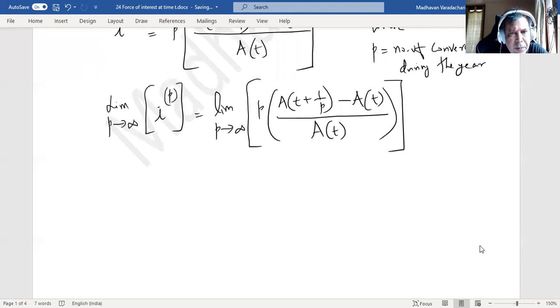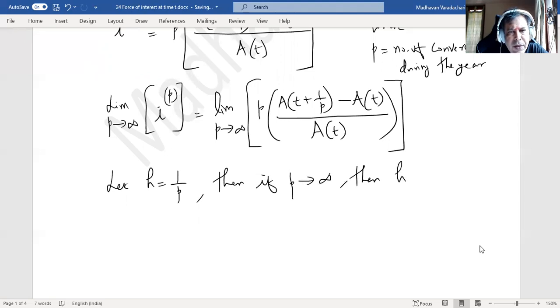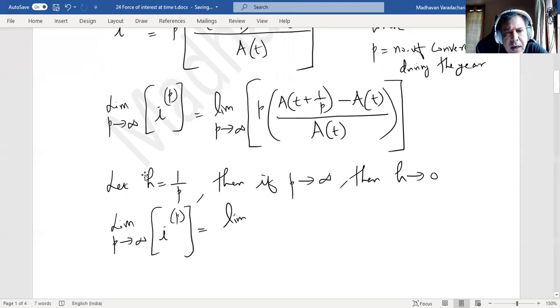Now let us assume, let h equal 1/p. Then if p tends to infinity, then h will tend to 0. So I can rewrite this as limit p tends to infinity, i(p) is equal to limit, now I will convert this. I'll bring this h instead of p.